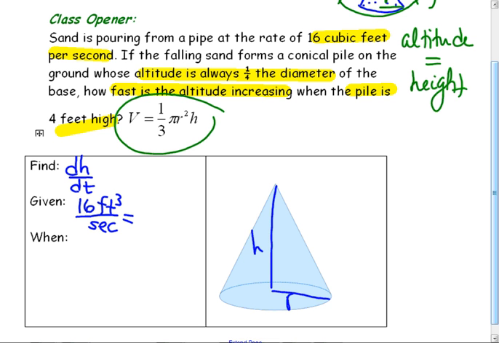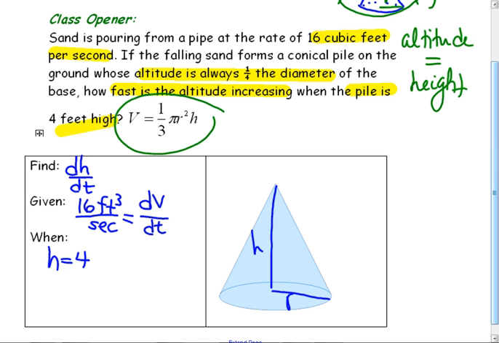It's the rate of what? It's the change in the volume, right? Think of that as delta V. It's okay, because that's what it is, except it's really little. And it's divided by what? Seconds is the unit measurement of time. When the pile is 4 feet high, what's 4 feet?